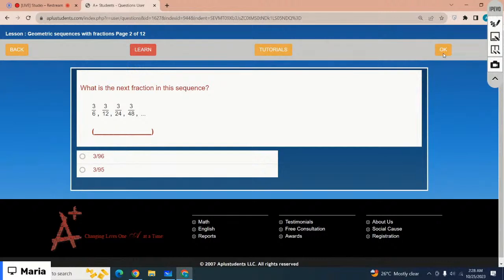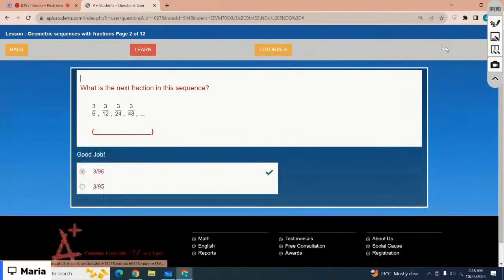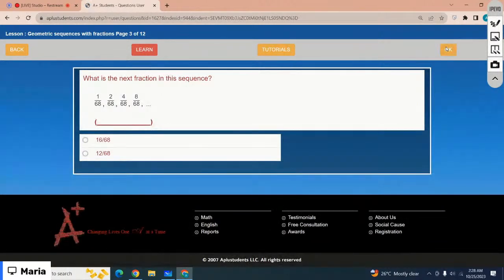How are they increasing? Yes, the denominators are the multiples, like 6 times 2 is 12, 12 times 2 is 24, 24 times 2 is 48. So the next one is 48 times 2, that is 3 over 96. No, not increasing by 6. Each next number is a multiple of 2.